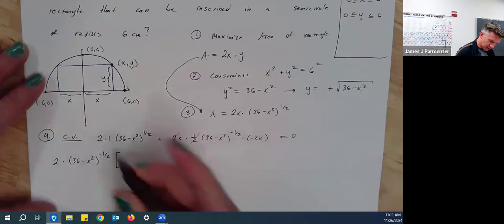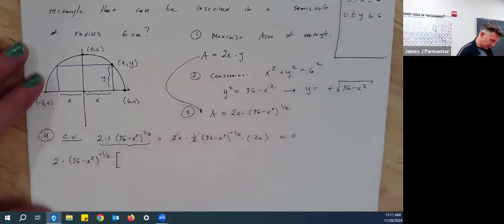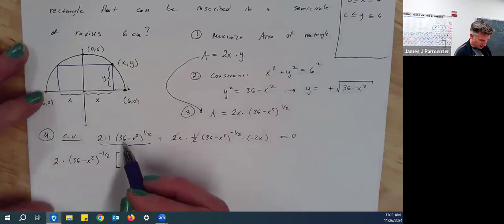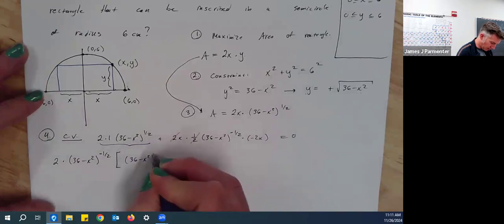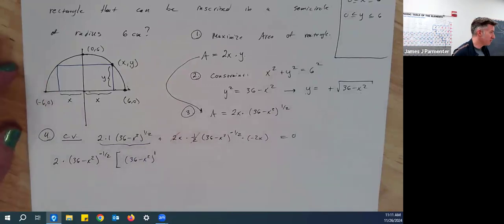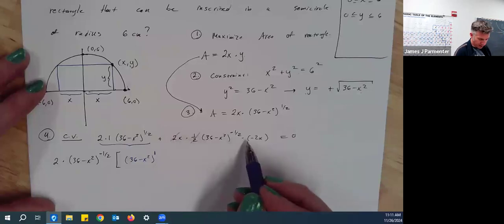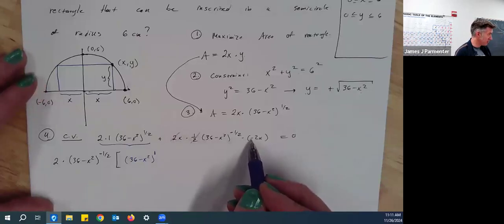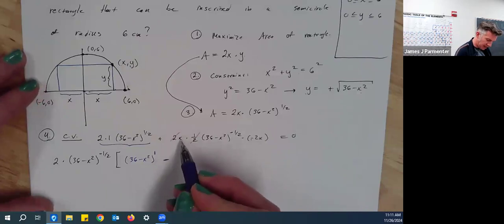In this first piece, I factored out the 2, so that's gone. I factored out 36 minus x squared to the negative 1/2, so I'm left with 36 minus x squared to the positive 1, because if we multiply those back together, the powers add together, and negative 1/2 plus 1 is positive 1/2. Over here, first of all, I notice that there's a minus sign there, so I'm going to put that in front. So it's going to be minus, and then I'm left with an x.